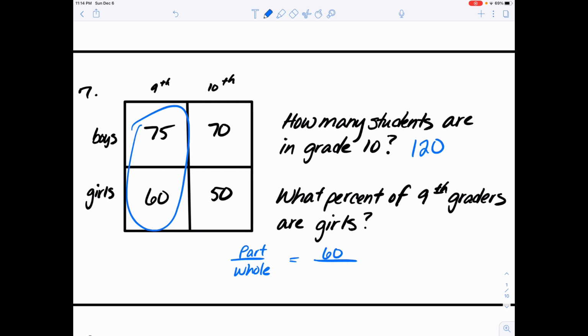I would get that from doing 60 plus 75. When I figured out 60 divided by the total number of 9th grade students, 60 plus 75, I get a percent of approximately 44. So approximately 44% of 9th graders are girls.